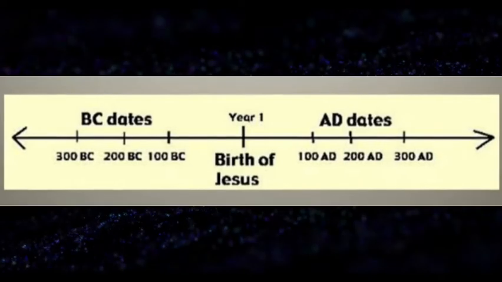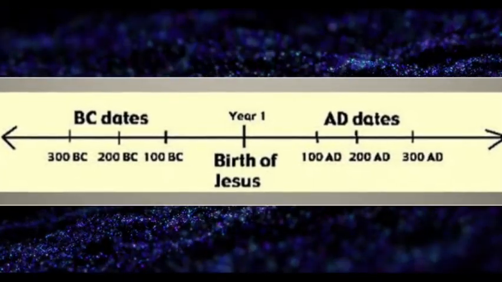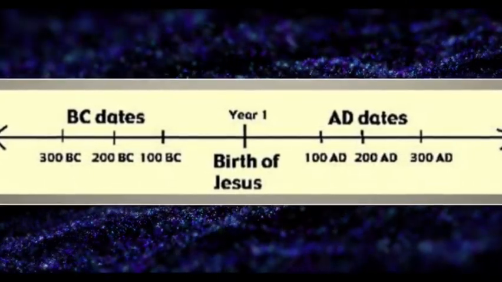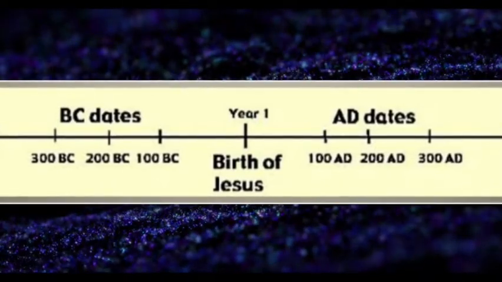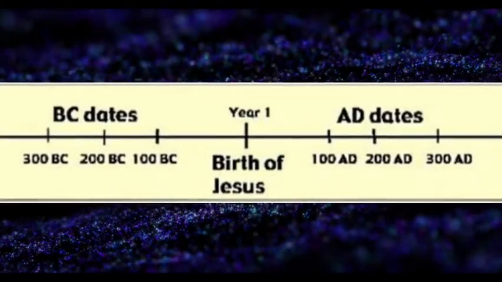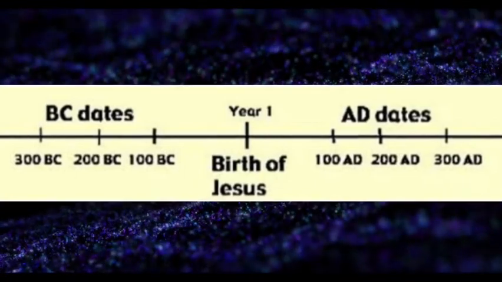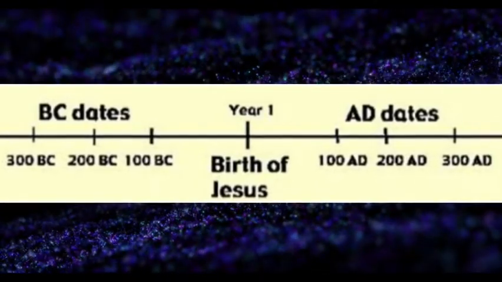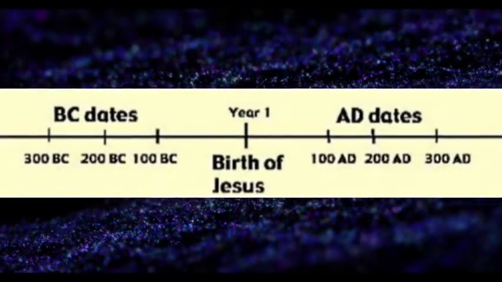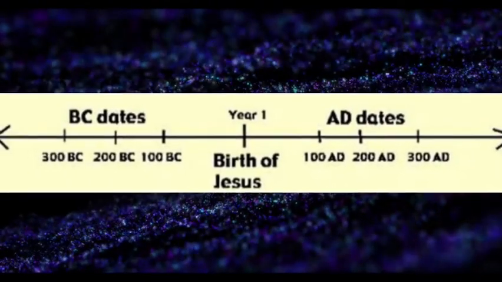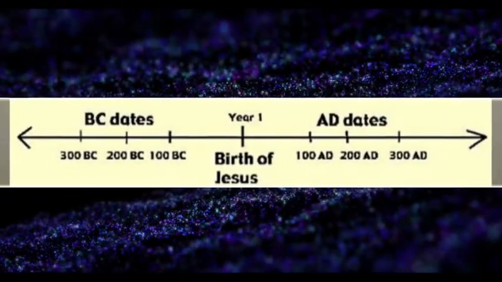Understanding the timeline. To avoid this problem, historians agree that an imaginary year 0, as you can see in the given timeline, refers to the birth of Jesus Christ, and as you can see, the left side is always written in a backward direction.